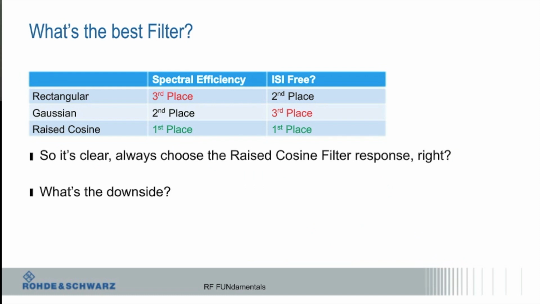As usual, there are trade-offs, right? Who has the best spectral efficiency? Who is the narrowest? It's the raised cosine. And which is ISI free? It's also the raised cosine. So why would I ever use the other ones, right? The Gaussian and the rectangular obviously are not as good. So what's the downside? There's always a downside.